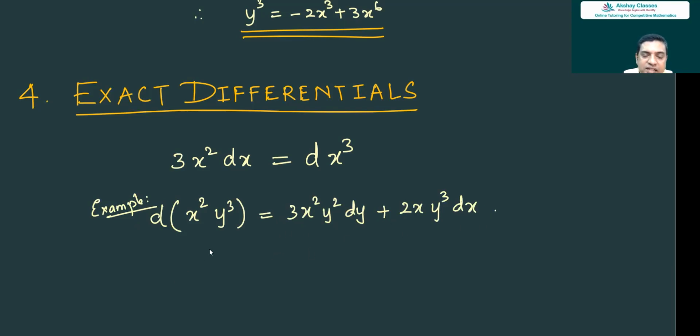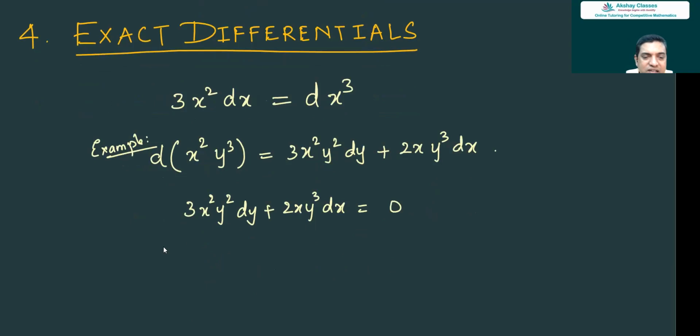So let us say we have this equation: 3x square y square dy plus 2x y cube dx is equal to 0. Now we get an exact differential here.